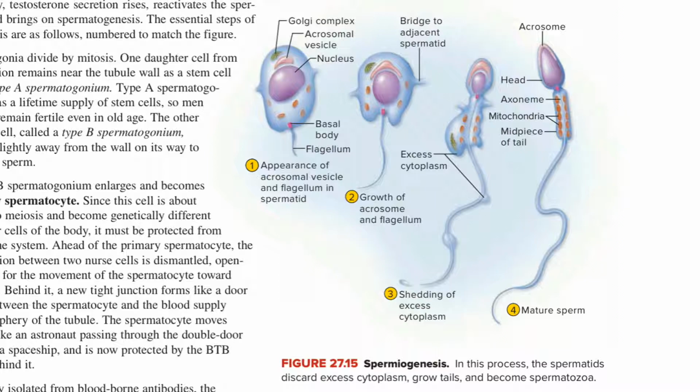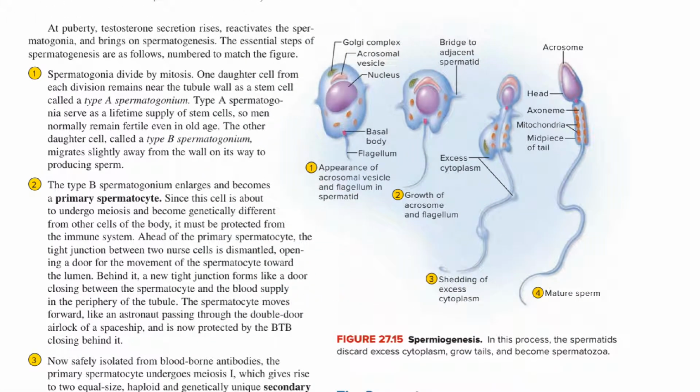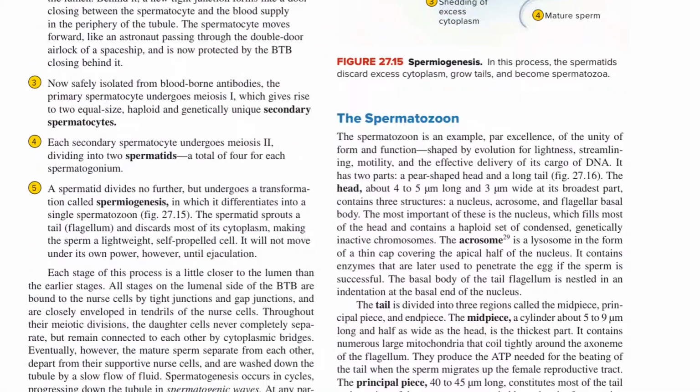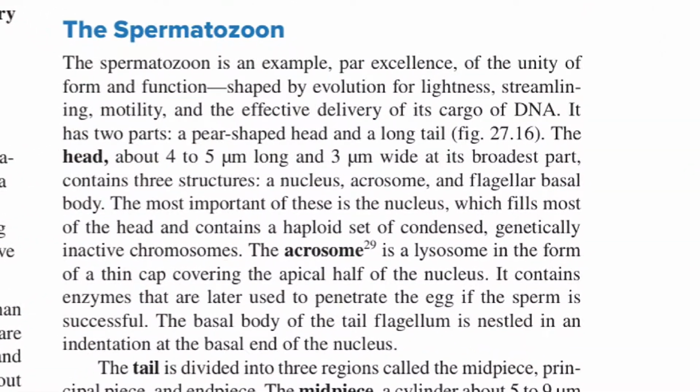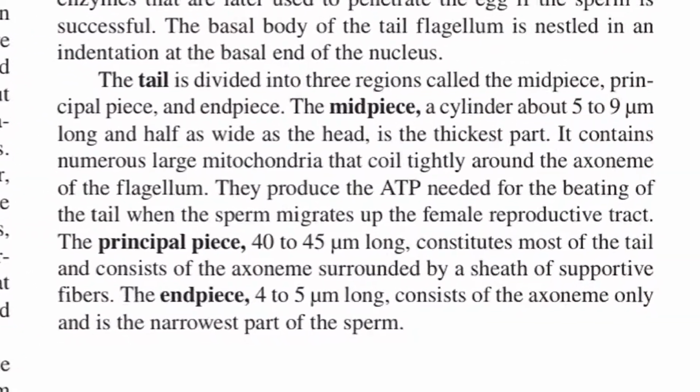In this process, as you can see, the spermatid is discarding the excess cytoplasm, the length of the tail is increasing, and the spermatid becomes the mature spermatozoa or sperm. The details regarding the spermatozoa we have already discussed.